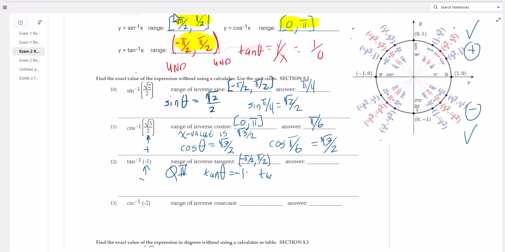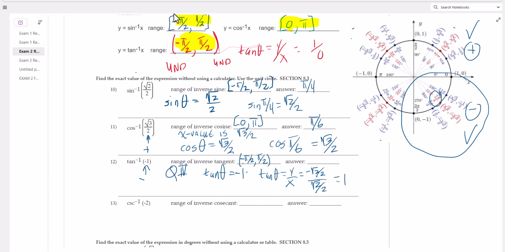Now the tangent of theta by definition is y over x. So what you're doing is you're looking at this quadrant because you have a negative number, negative 1, and you're trying to figure out where y over x is negative 1. Well, that's going to happen here because negative root 2 over 2 divided by root 2 over 2 is equal to negative 1. Okay?